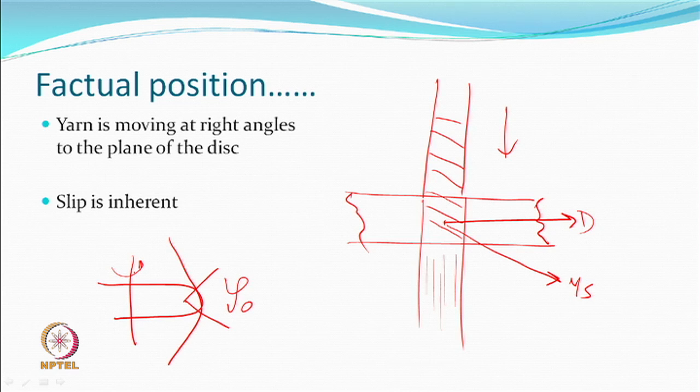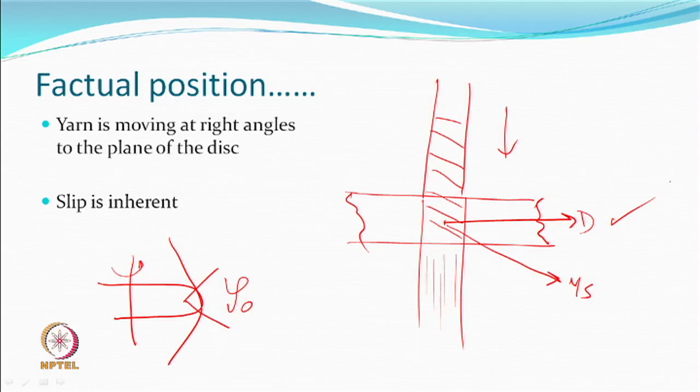The disc is rotating in one plane, the yarn is coming in the other plane, and this is what we noticed last time. The direction of motion of the disc surface, which is let us say this, and the direction of motion of the yarn, which is here, they are obviously not in the same direction.